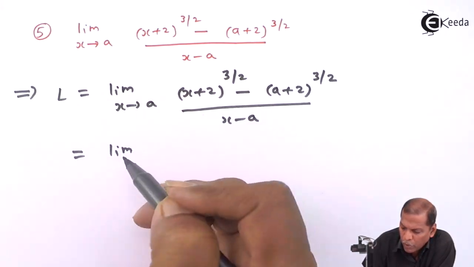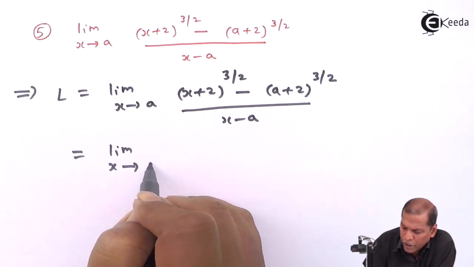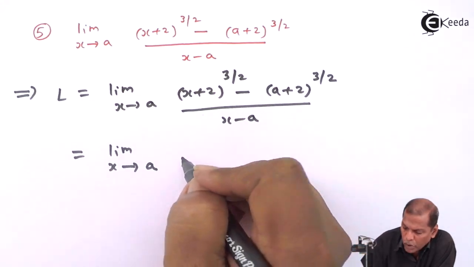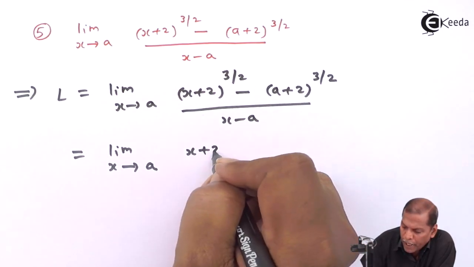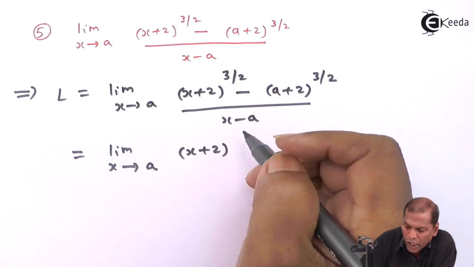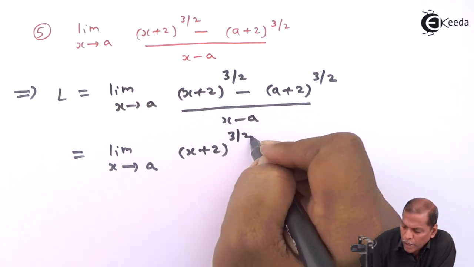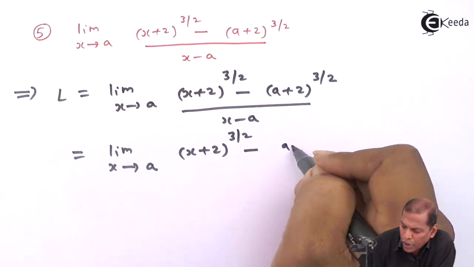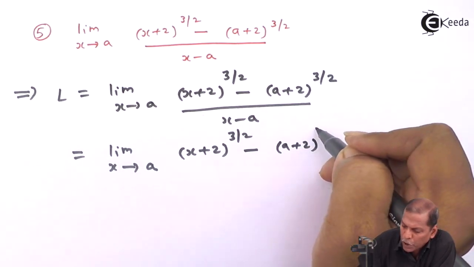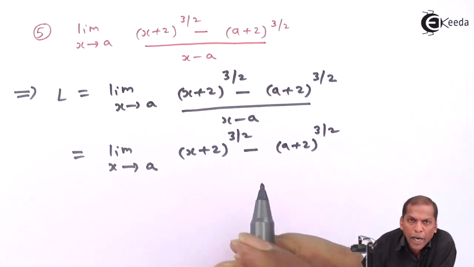Now that is equal to limit x tends to a. In the numerator we write as it is, that (x plus 2) raised to 3 by 2 minus (a plus 2) raised to 3 by 2.